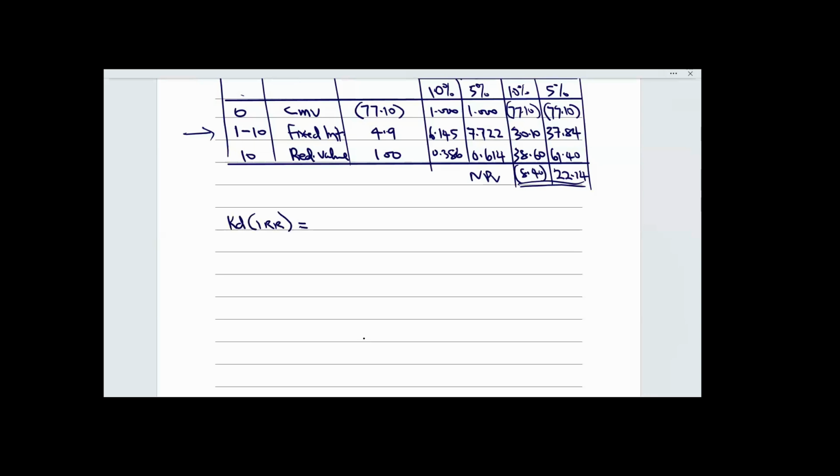It is calculated as the lower discount rate plus the NPV of the lower discount rate divided by the NPV of the lower discount rate plus the NPV of the higher discount rate, all multiplied by the higher discount rate minus the lower discount rate.